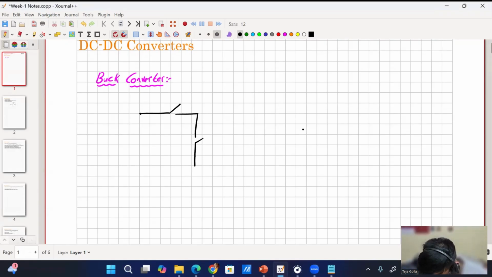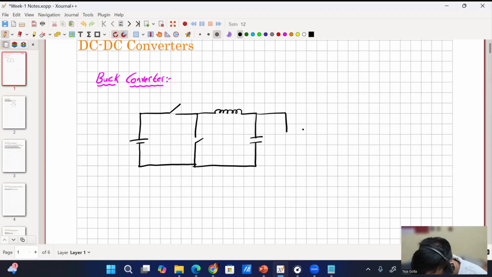So this I'm representing as a switch. This is the capacitor. This is the resistor. This is Q, this is Q bar. Why are these switches always complementary?